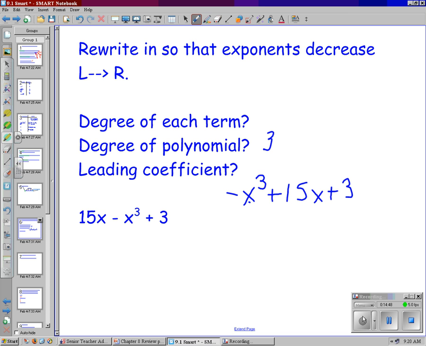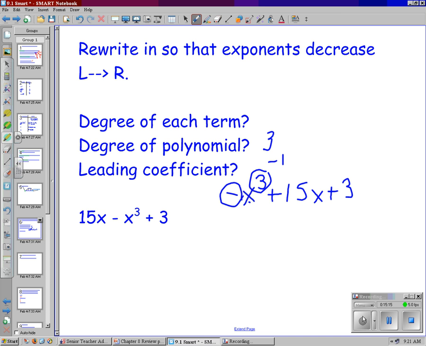That's what this is. This is a cubic equation. Its highest degree is a 3. What's the leading coefficient on this particular problem then? Jake? -1. It's this number right in front here, on that term that has the highest degree. Okay, what's the constant, class? The 3. Yeah.